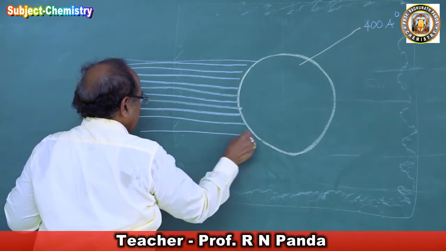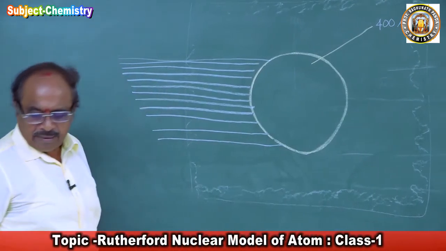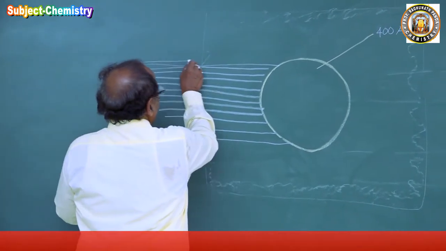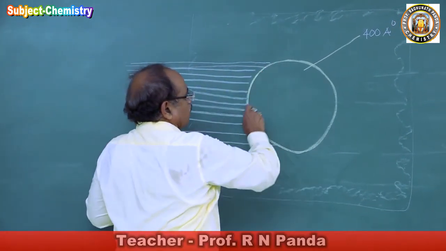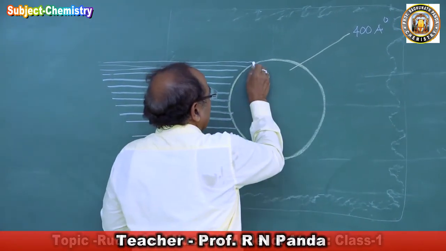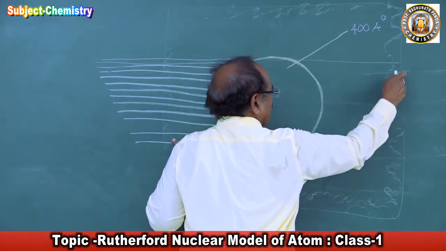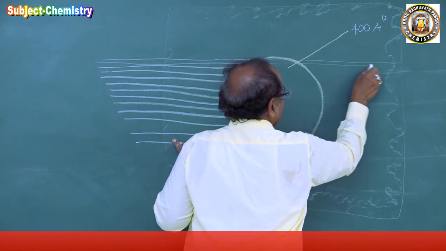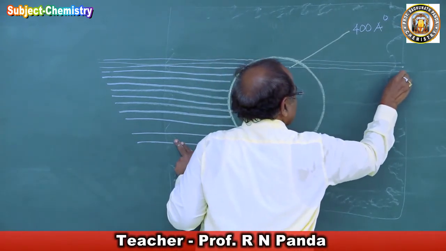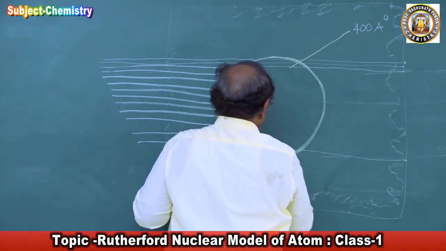They were allowed to strike upon the metallic plate. And when it was observed, what observation did he make? He found that most of the alpha particles penetrated the gold foil. They come and hit upon the zinc sulfide, and here he got the scintillation, the fluorescence.